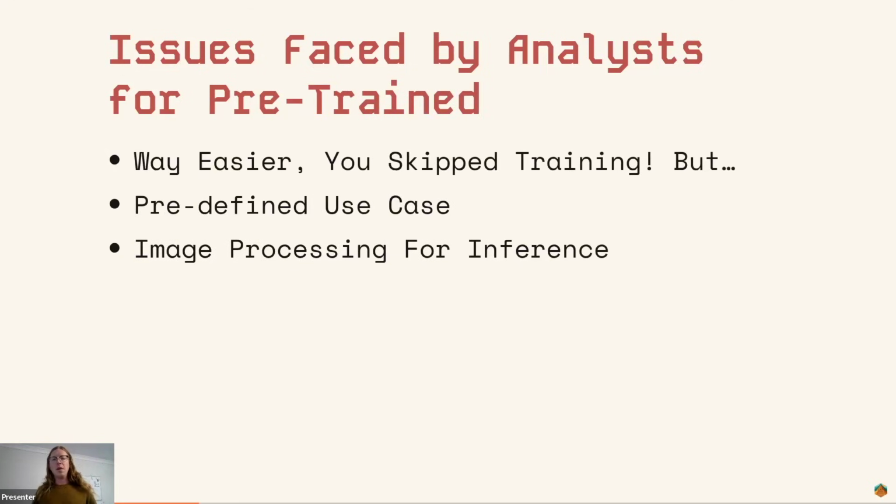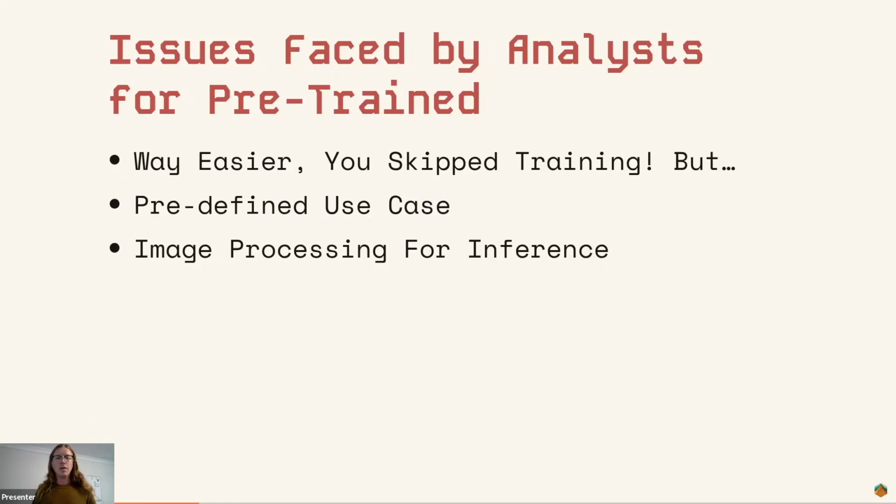Okay, so maybe we've decided that we don't want to train a model. Maybe I've talked you out of training a model completely, and you want to use a pre-trained computer vision model. From here, you've skipped training, everything's good, everything's great, but you're using a pre-trained model with a predefined context.